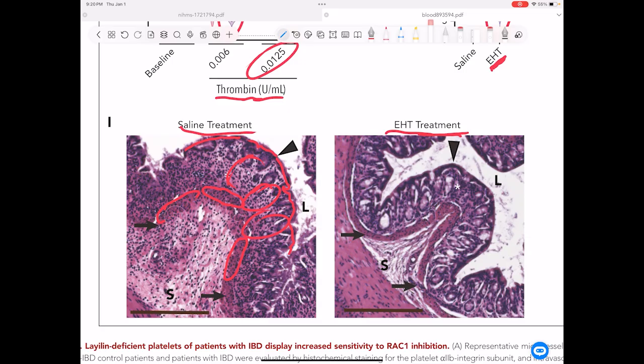Unfortunately, I'm going to erase that just because there's going to be so much drawn on this that it'll be hard for you to see. Okay. Next, what this arrow is pointing at right here are the dots. And the dots are immune cells.